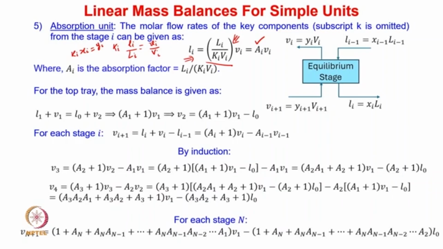If we take the top tray, stage 1, and let's say this is 1, then this will become L0, this will become V1, this will become V2, and this will become L1.